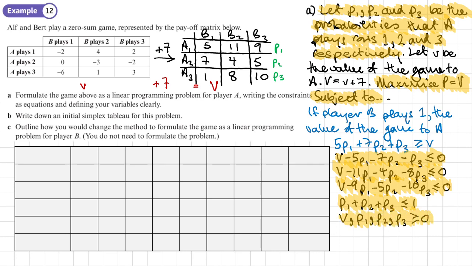So everything that I've highlighted in orange is the minimum that you need to write down if you are answering a question like this. Part B, write down the initial simplex tableau for this problem. Now before we do that, our inequalities here need to be changed slightly to make sure they're in the right form for a simplex tableau.